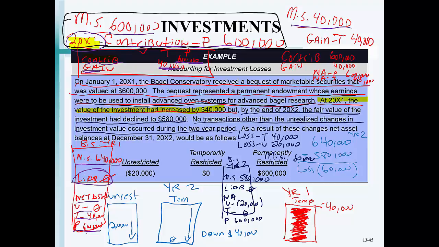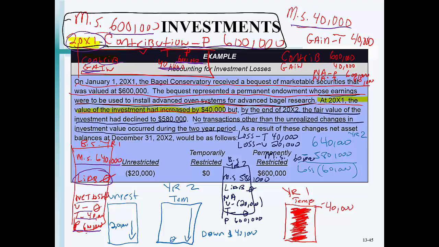Right? And my net assets T is going to be what? Credited for 40,000, right? Right?